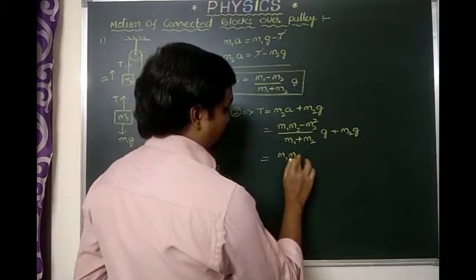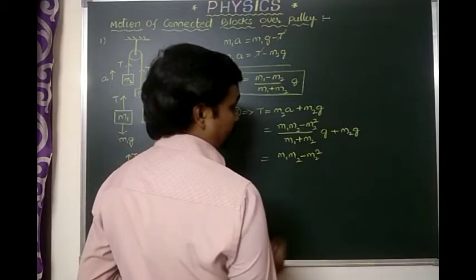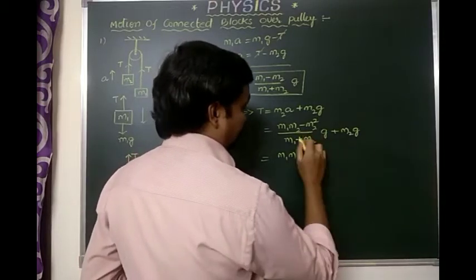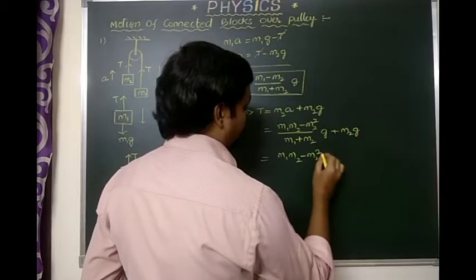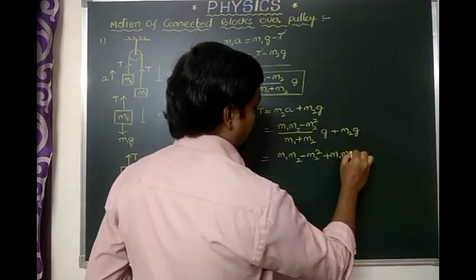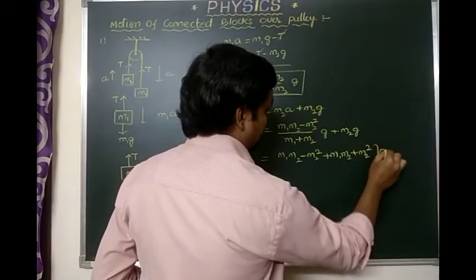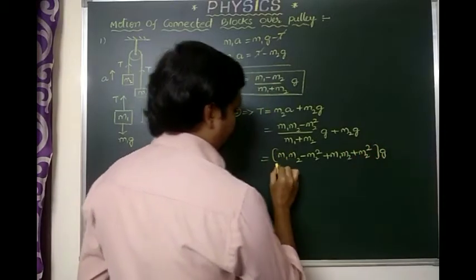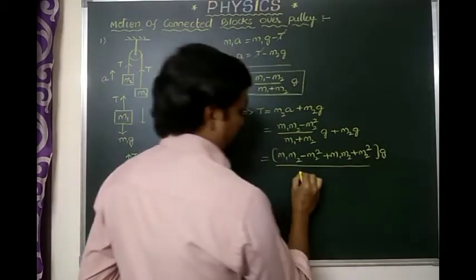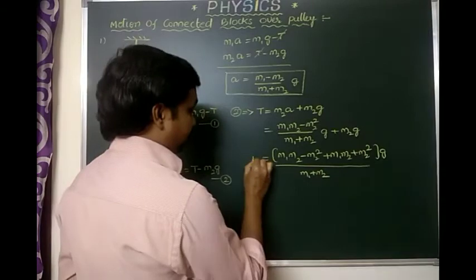m1m2 minus m2 squared, combined together we can take g out, plus m1m2 plus m2 squared into g, divided by m1 plus m2.